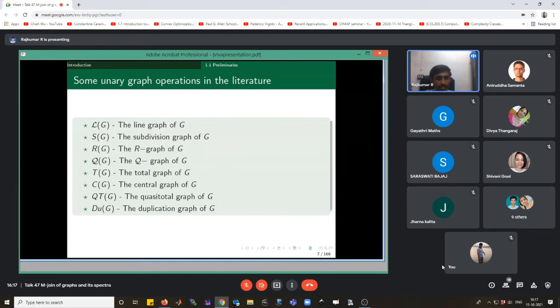The subdivision graph of G is the graph obtained by inserting a new vertex into every edge of the graph. Then R(G) is the graph obtained by taking one copy of S(G) and joining two vertices of G if and only if they are adjacent in G.